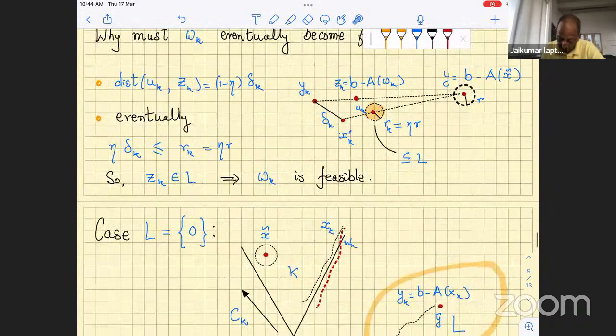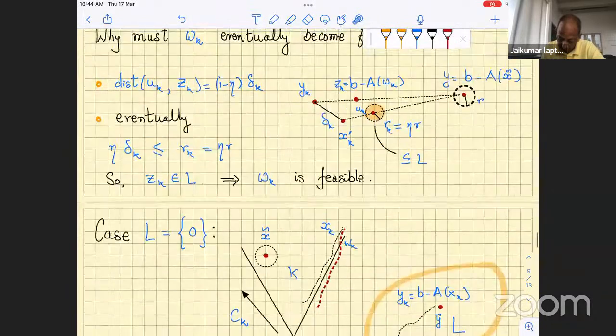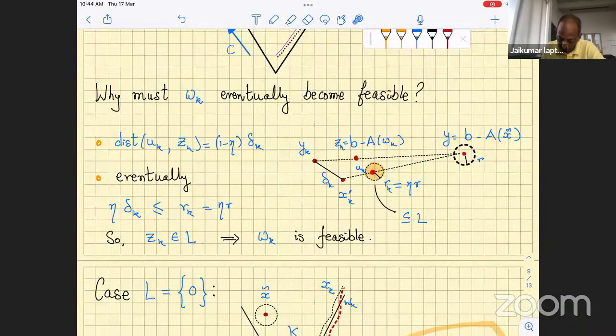Okay. And what is this point? You look at the tracking point and take the same for tracking.